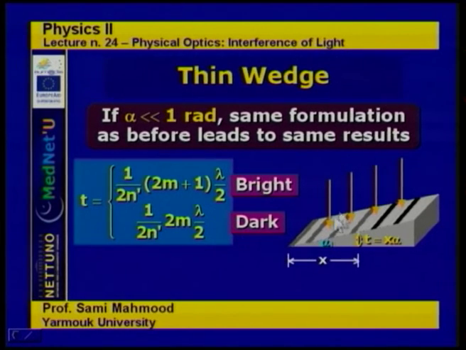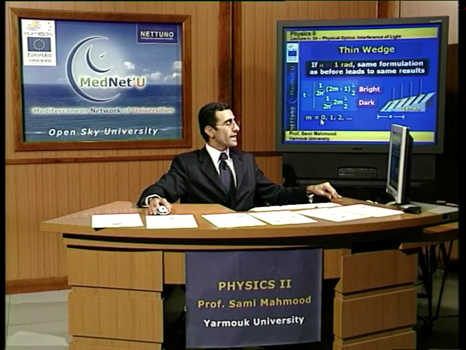That is why on the thin wedge, if we have a longitudinal slit of light, we see this pattern of stripes where we have dark and bright regions. Here m runs 0, 1, 2, 3, and so on. And at m equals 0, which is at the beginning of the wedge, we have a dark fringe.